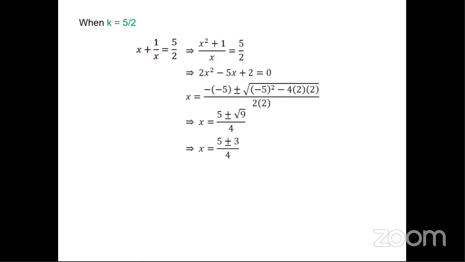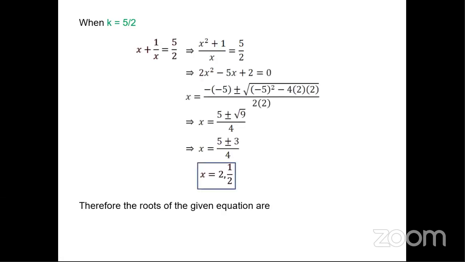That means two values here. And the other two values, from the case k is equal to 5 by 2, we got as 2 and 1 by 2. So totally 4 values we have calculated for x in this equation. Since the equation is of fourth degree, you are getting 4 roots.